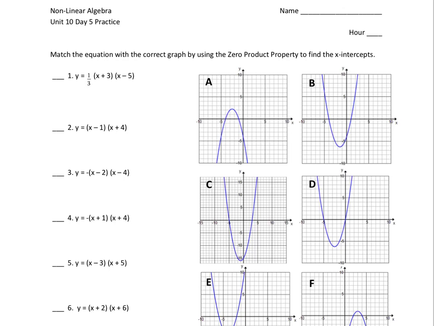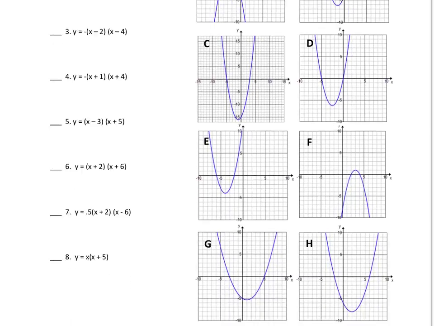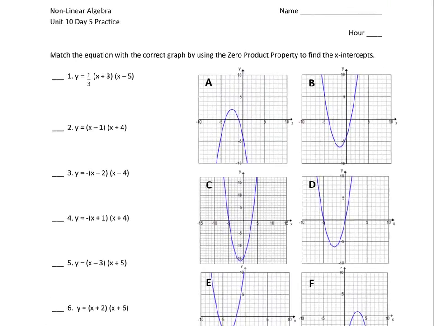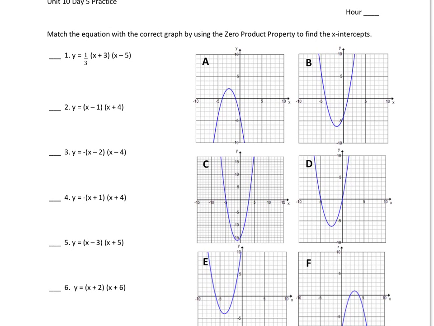So the first part of this worksheet, the first page, I believe, is looking at equations and trying to find the graph that matches them. And that's our goal throughout this entire process. We've been factoring, we've been finding what x equals. Well, this is setting us up for graphing. So that's what's going to happen today.